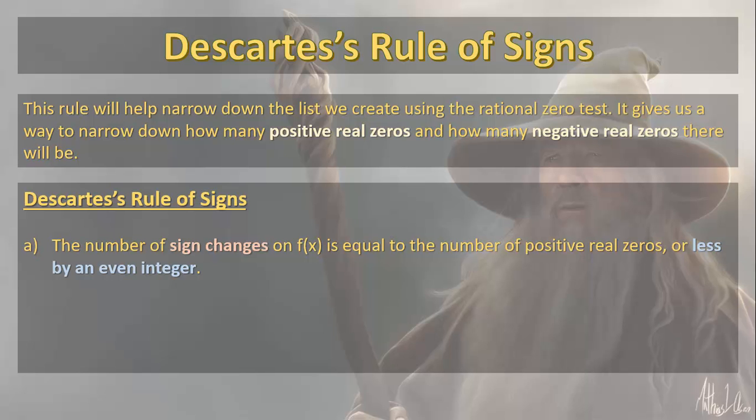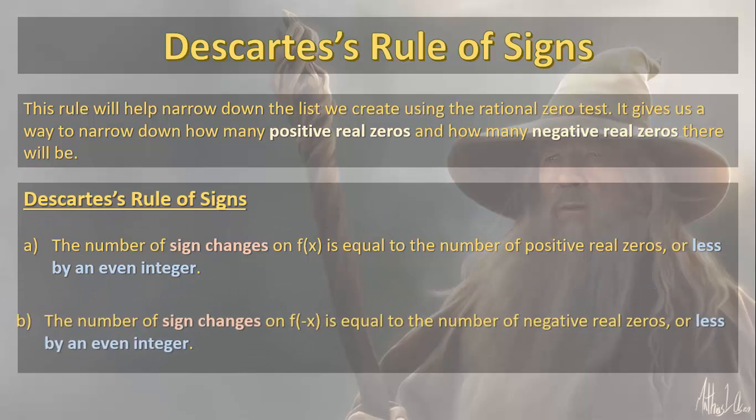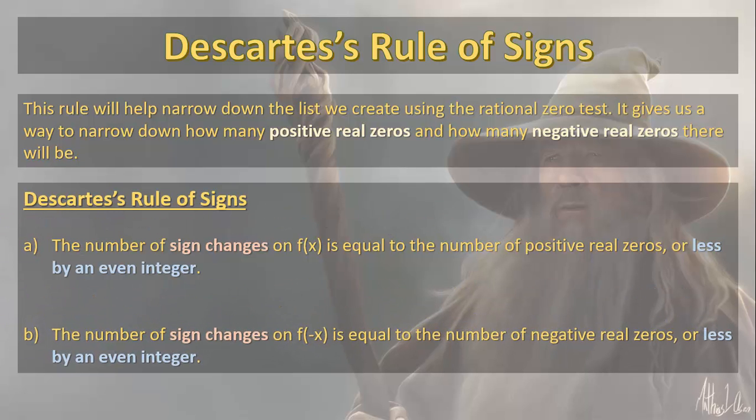And the second part of this rule is pretty easy as well. The number of sign changes on f of negative x is equal to the number of negative real zeros or less by an even integer.